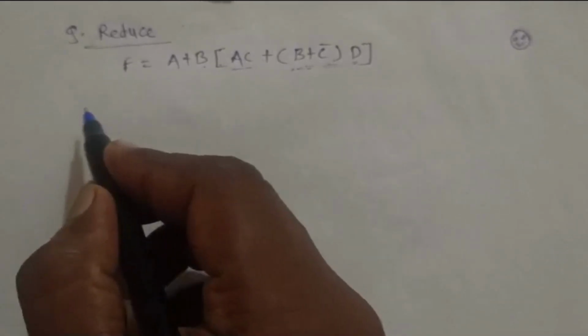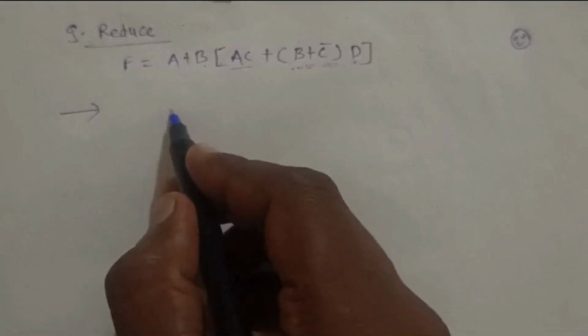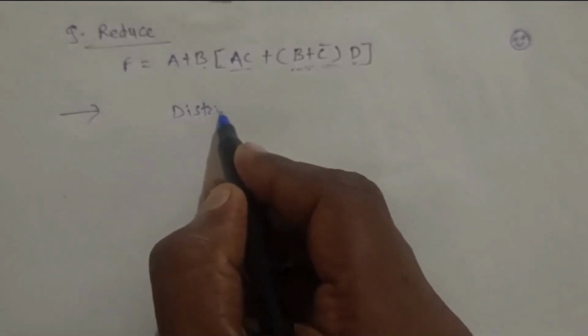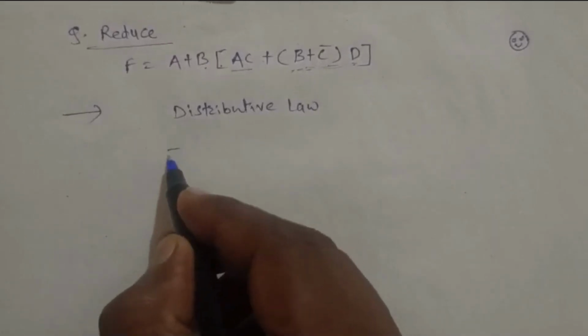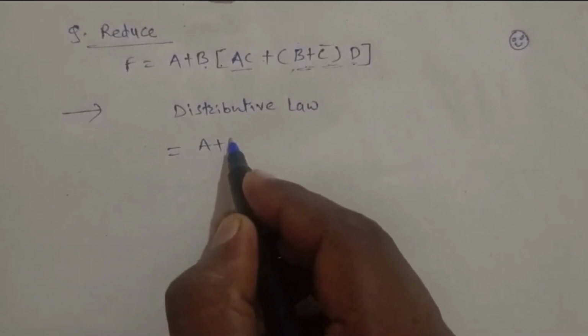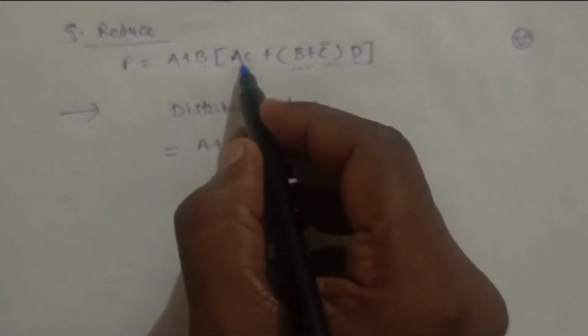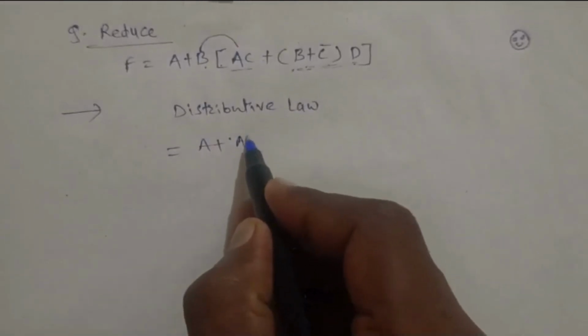And the next step will be what? Distributive law. The expression will be A plus, and what will it become? ABC.